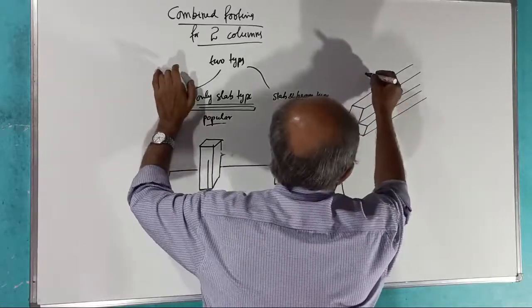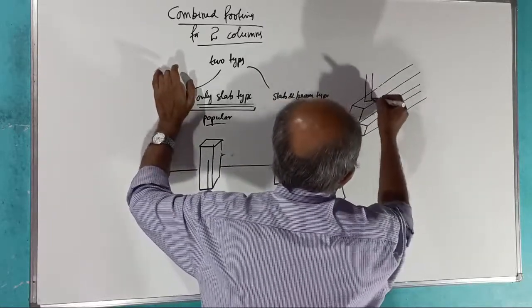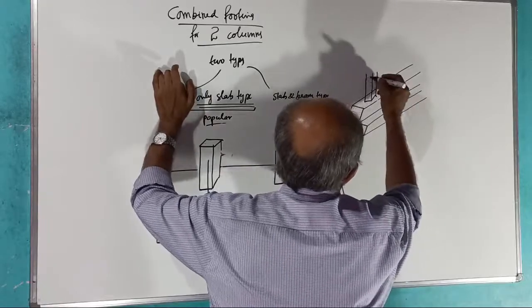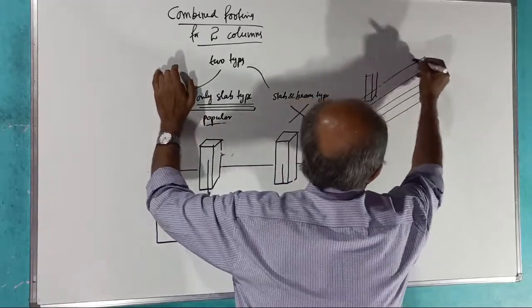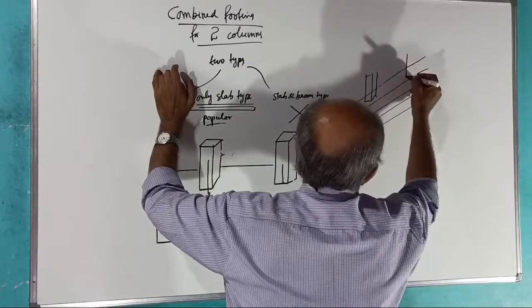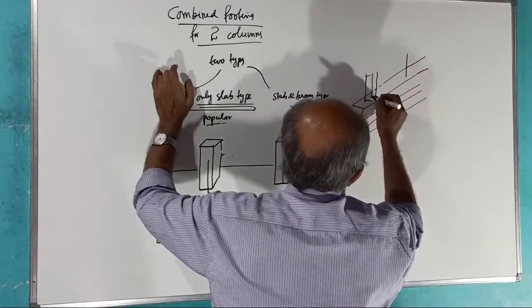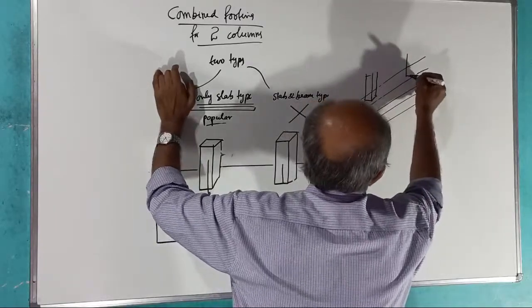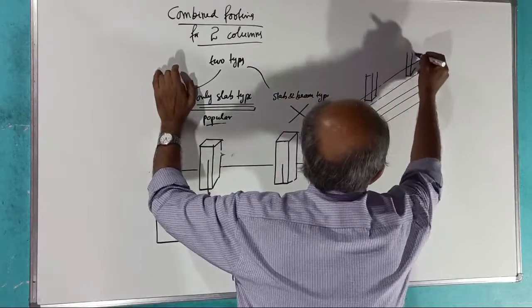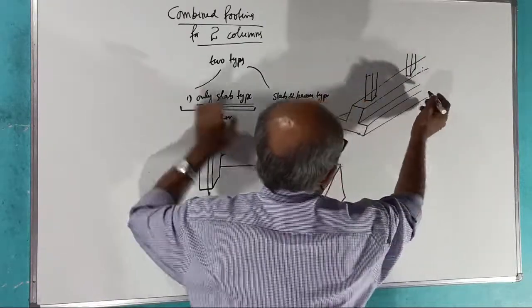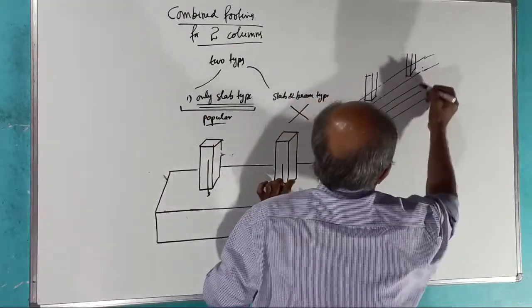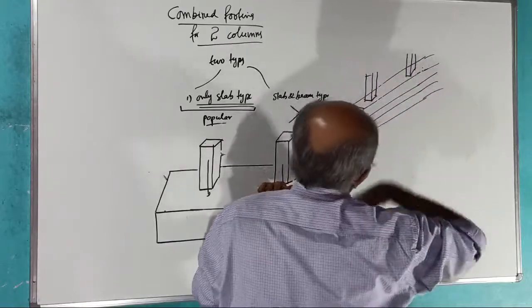Then one column here. See, the column will rest on the beam. One more column somewhere here. Then I have difficulty with closing here. The closing I can't do.